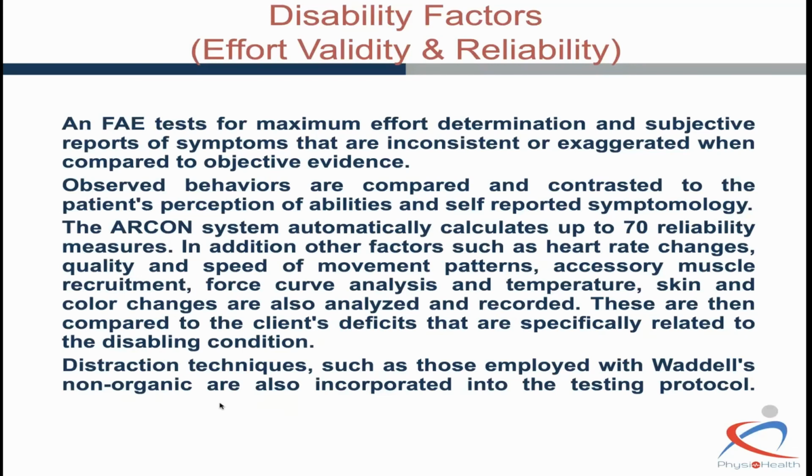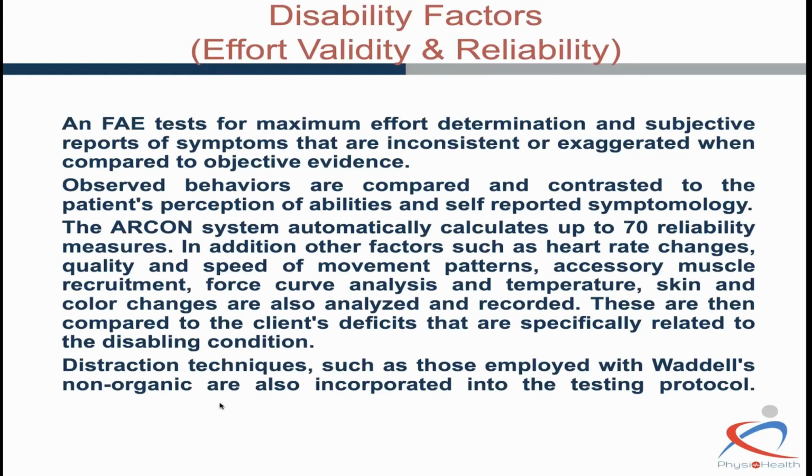Other things we look at is we measure heart rate. If somebody's putting in a lot of performance, we're going to see variations in their heart rate. If it's a static heart rate, we conclude that they weren't really putting in a lot of performance. We're looking at things like sweating, redness, facial grimacing, to try to identify effort. We're looking at the way their muscles contract.